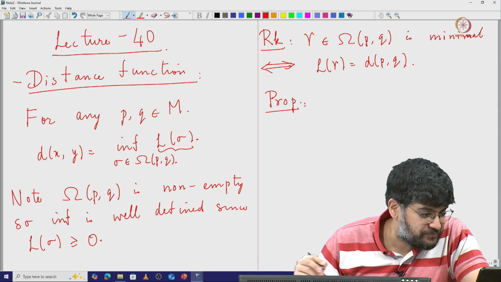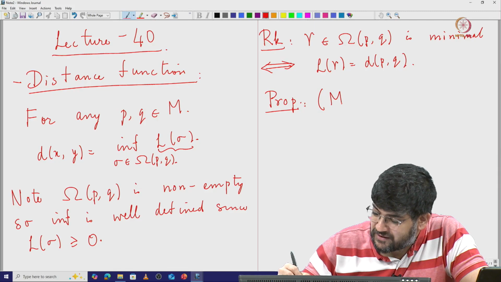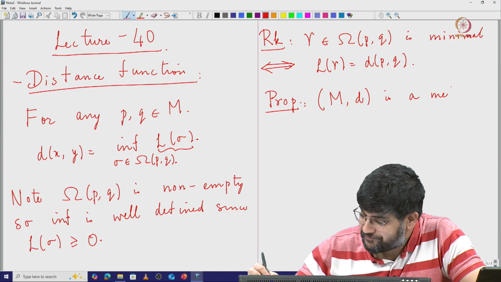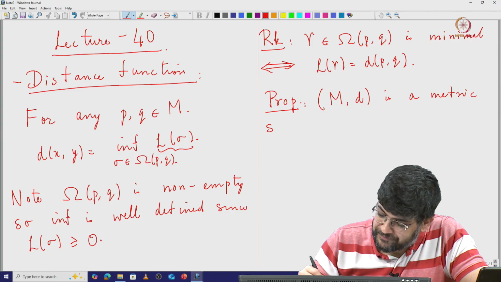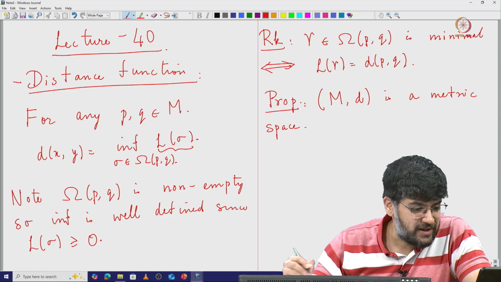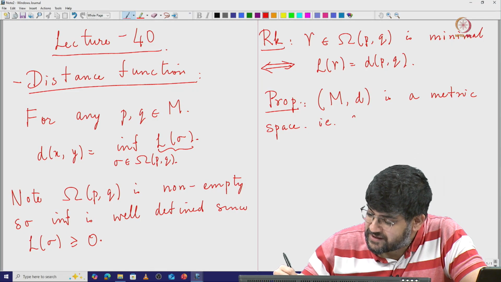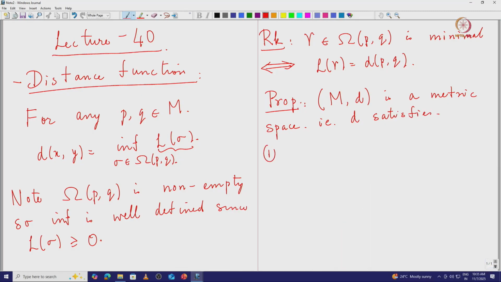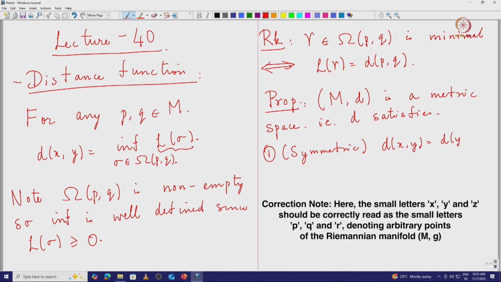So I want to claim that (M, D) is a metric space. That is, D satisfies the following properties of being a metric. It is symmetric, which means that D of x comma y is D of y comma x. It is positive definite.